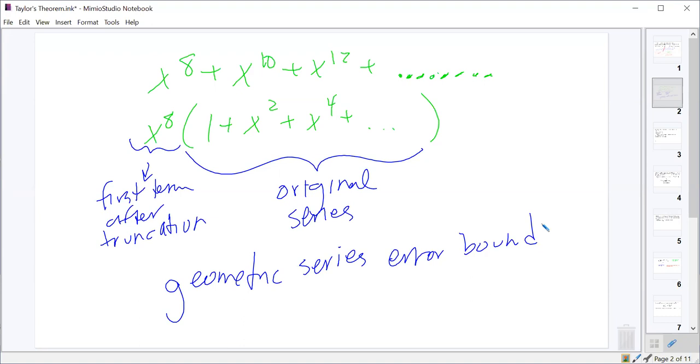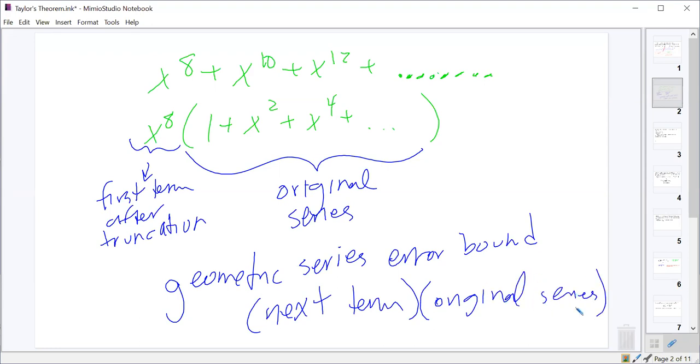The geometric series error bound is the first term after the truncation times the original series. And we have to keep in mind that if we're talking about a geometric series, it only converges when the common ratio is between -1 and 1, which means that when you plug in those values of x and raise them to these powers, these are actually small numbers.